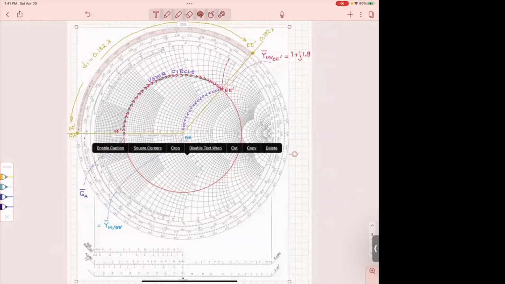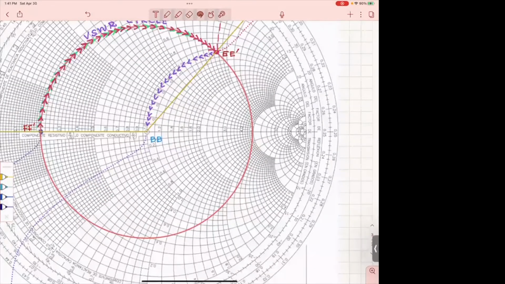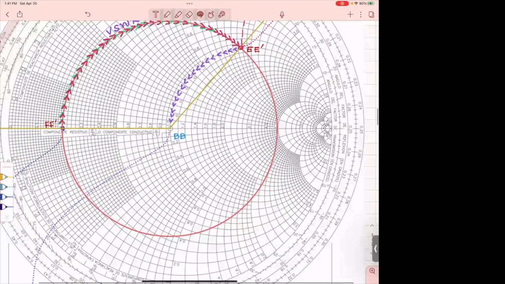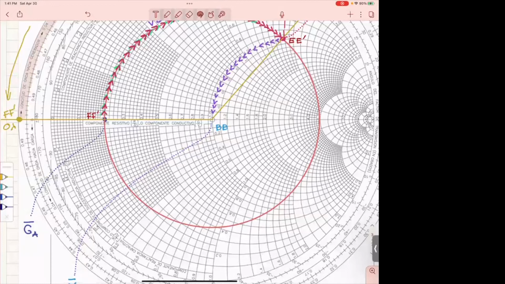There is no imaginary component, which means that this point is going to be here. In fact, let me see, if you look at this, it has to be 0.2, excuse me, and then it's right here. So you look along the horizontal axis, and you find that it is at this point here.